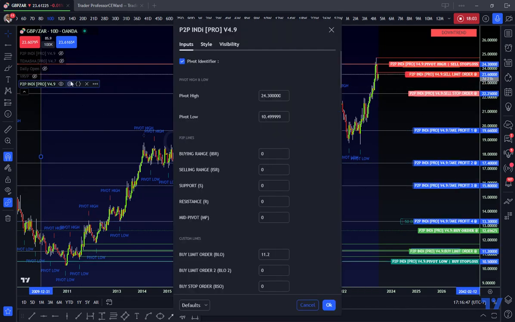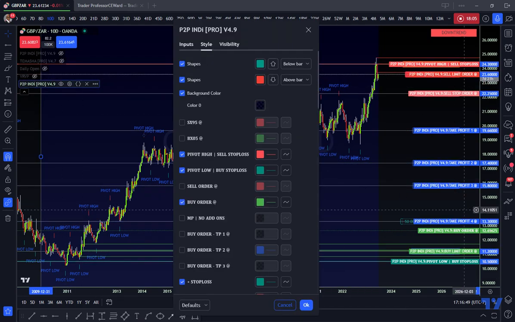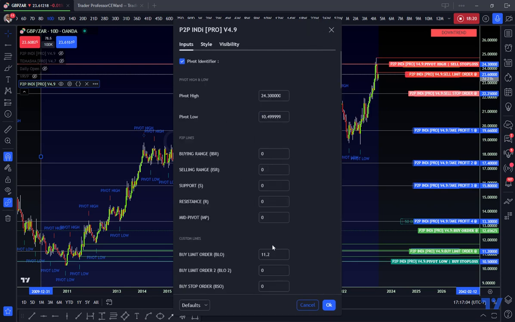So I want to take away the style of this buy order here. There we go. And I want to switch that. Let me get that price again. 12.65.625. Actually, let me put it in first. So I want to label it as support. 12.65.625.